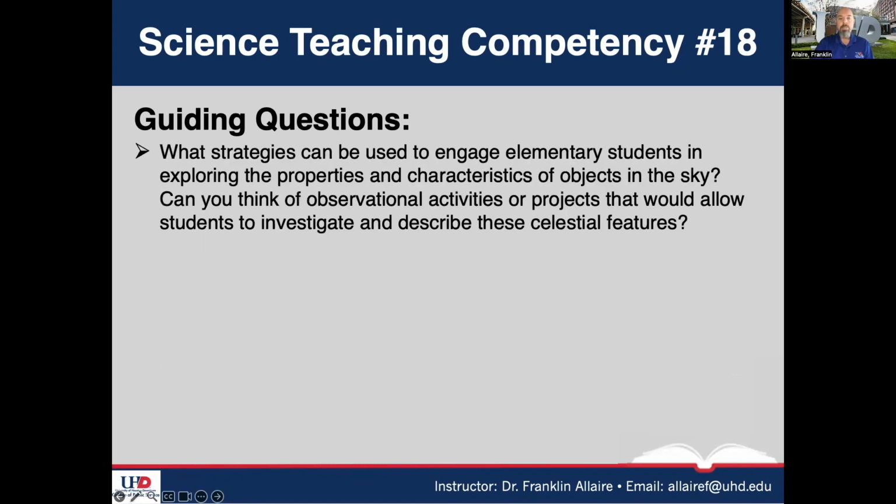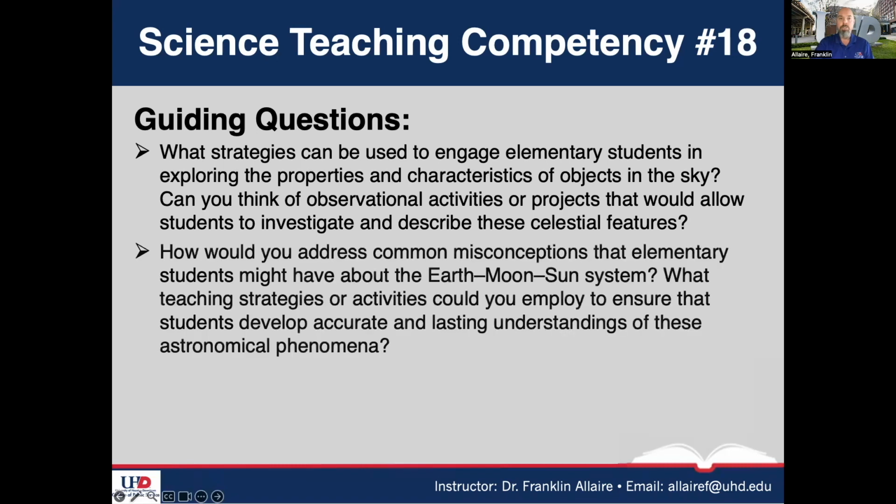What strategies can be used to engage elementary students in exploring the properties and characteristics of objects in the sky? Can you think of observational activities or projects that would allow students to investigate and describe these celestial features? How would you address common misconceptions that elementary students might have about the Earth, Moon, Sun system?